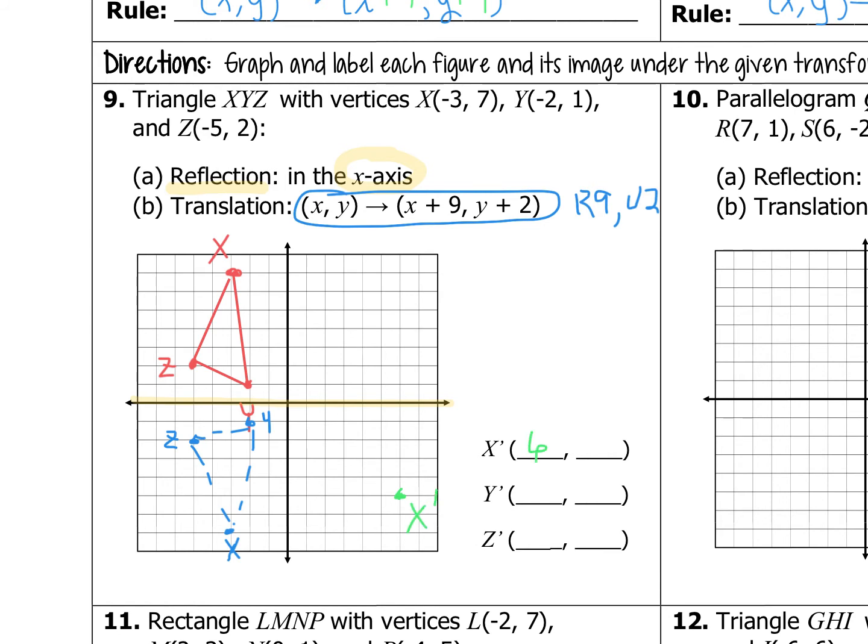So that ordered pair is 6, -5. So that's our final resting place, if you will. And then for our Y, we're going to do the same thing, right 9 and up 2. And then up 2, so we're right here at the point 7, 1. And so that is our Y prime.